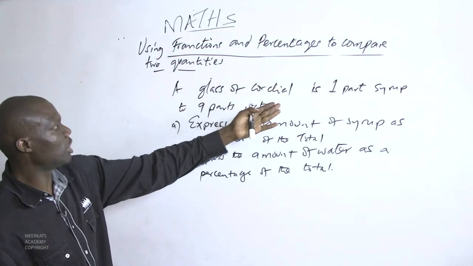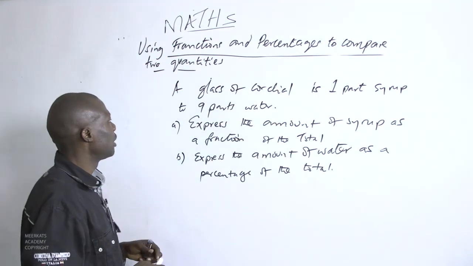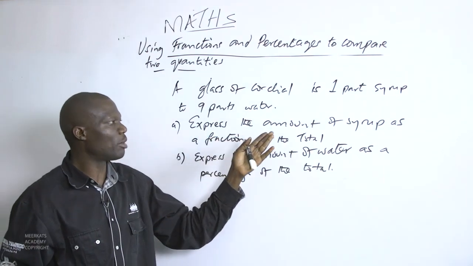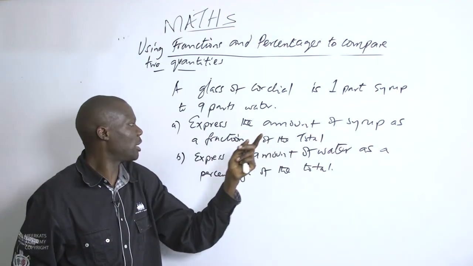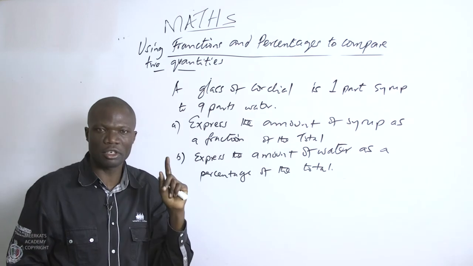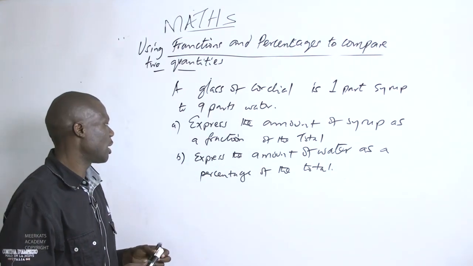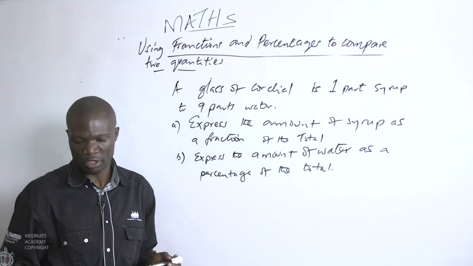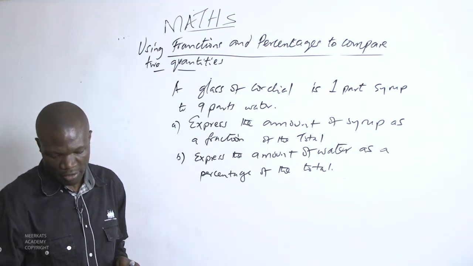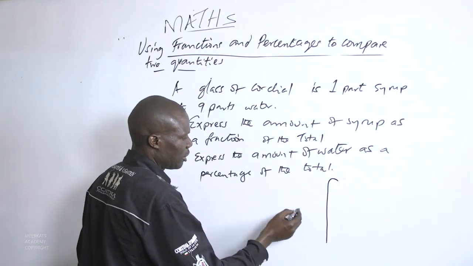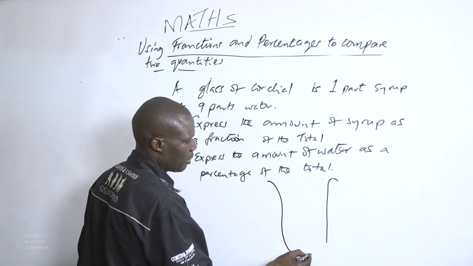So a glass of cordial is simply 1 part of syrup and 9 parts of water. Express the amount of syrup as a fraction of the total, and 2, express the amount of water as a percentage of the total. Now here, we consider a glass. It is just 10 units we require.